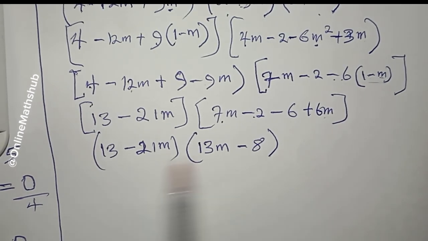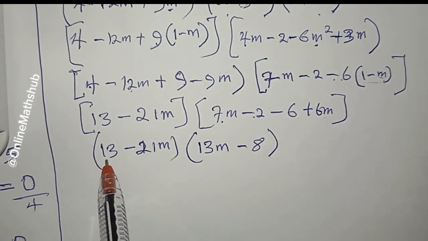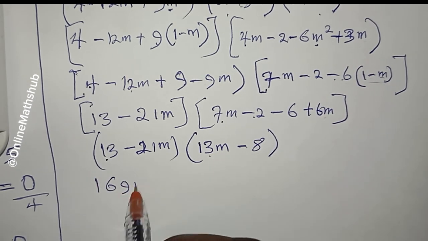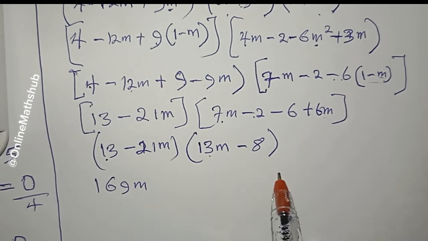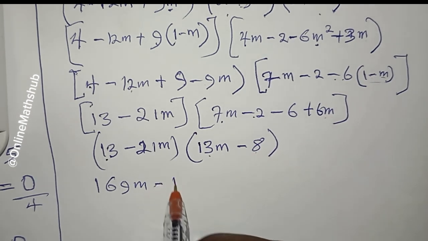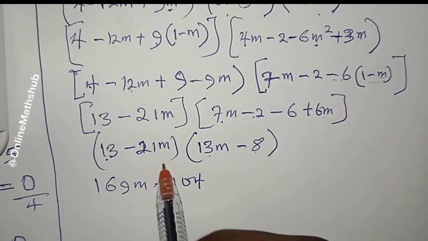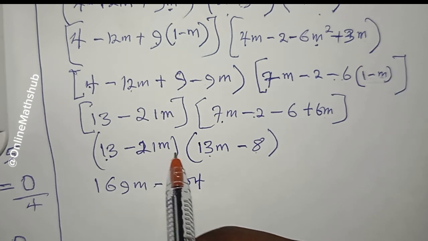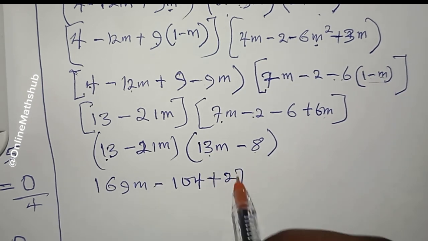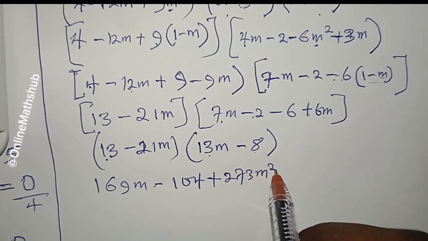I'm going to multiply the two brackets. 13 times 13m will give us 169m. Okay, 13 multiplied by minus 8 will give us minus 104. Okay, and then minus 21m multiplied by 13m will give us plus 273m squared.